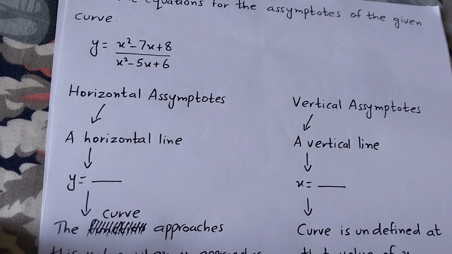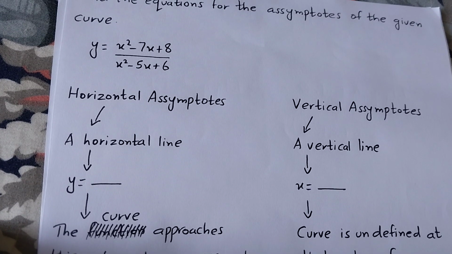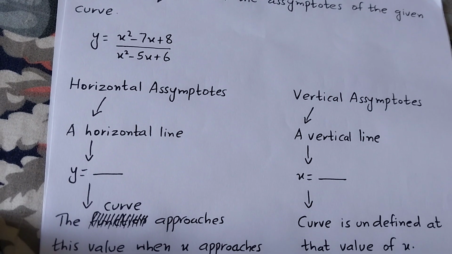Let's consider x is equal to 100. When we put 100 in numerator, it becomes 100 square, which is 10,000, minus 7 into 100, which is minus 700, plus 8.